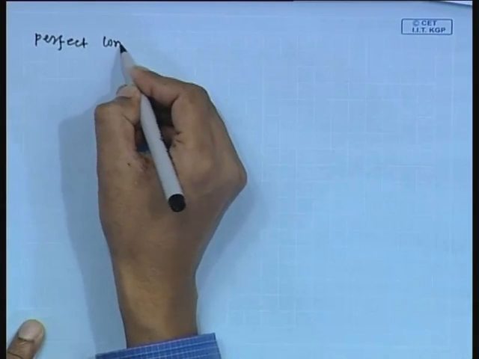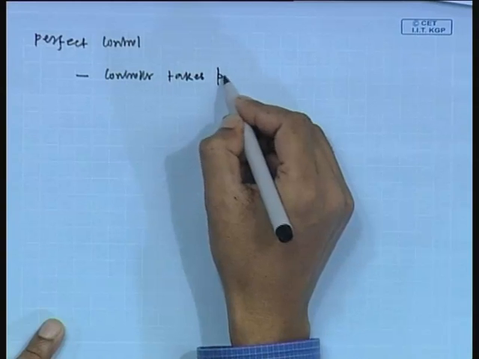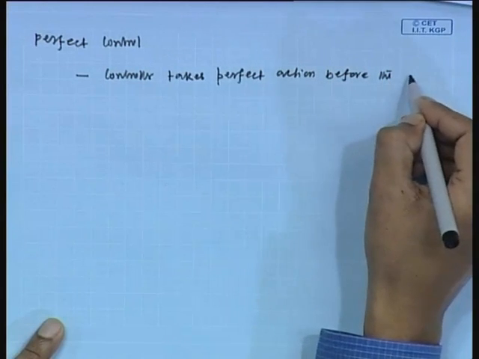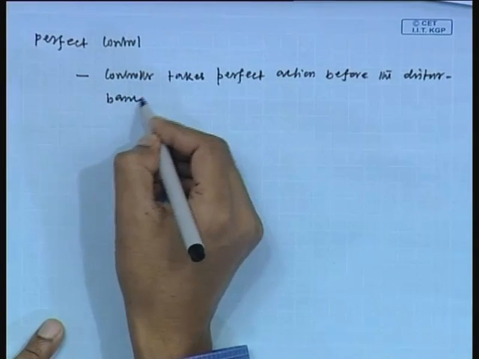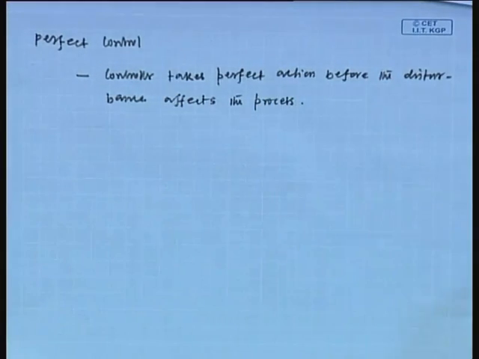We can get perfect control if the controller takes perfect action before the disturbance affects the process, is not it? Agree?